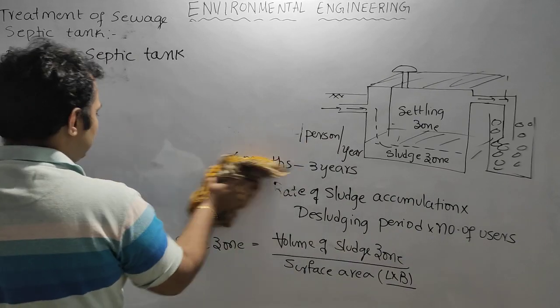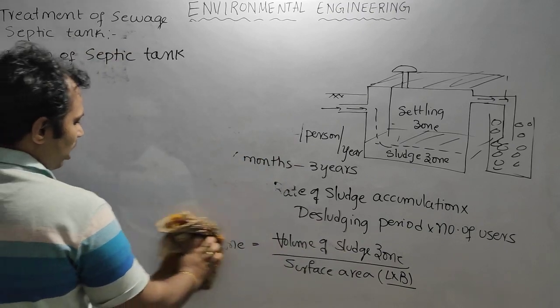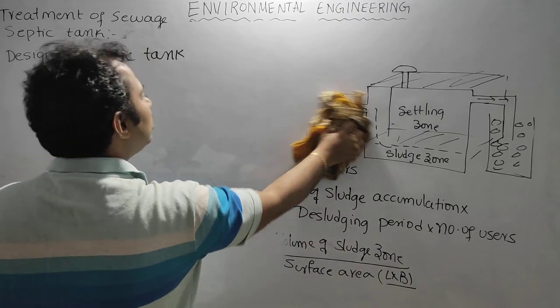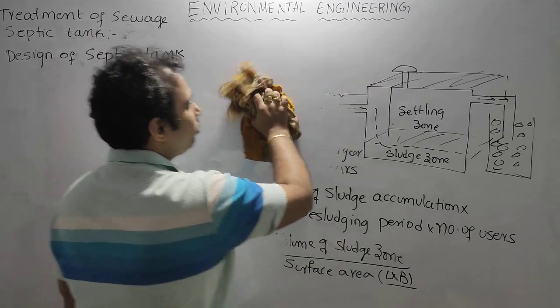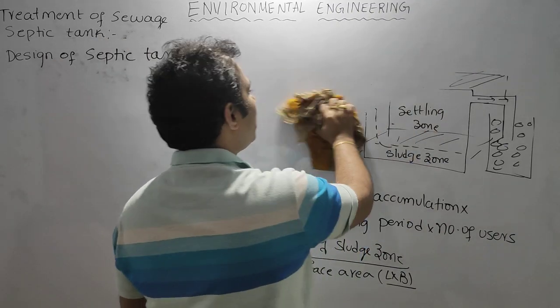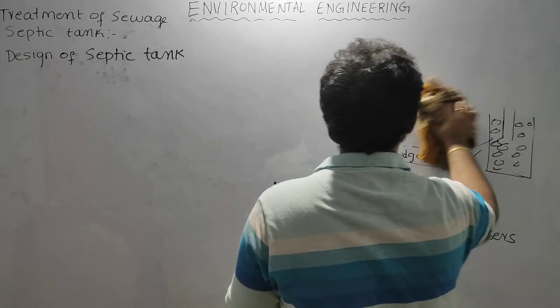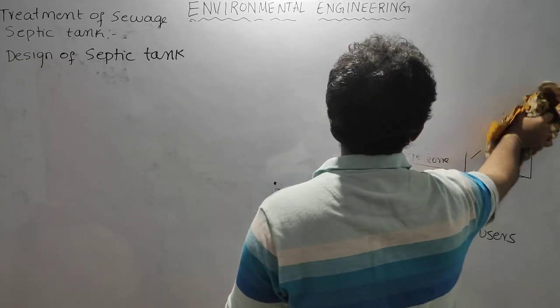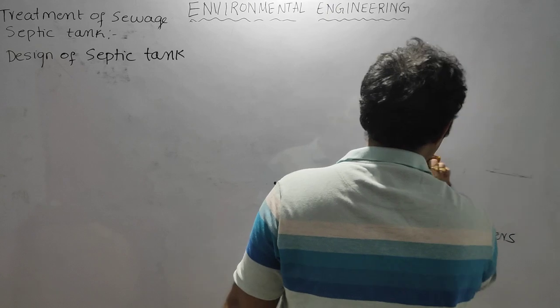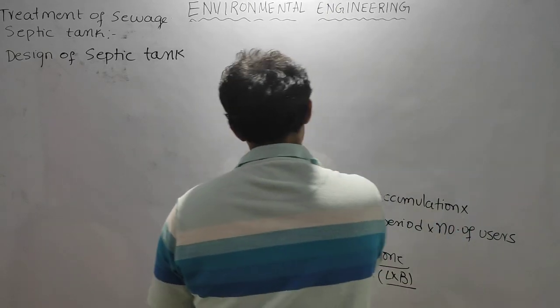After that we will discuss the Imhoff cone. After completion of the Imhoff cone, the septic tank topic is over. Then we are going to discuss the oxidation pond, the last secondary treatment device we are going to discuss.